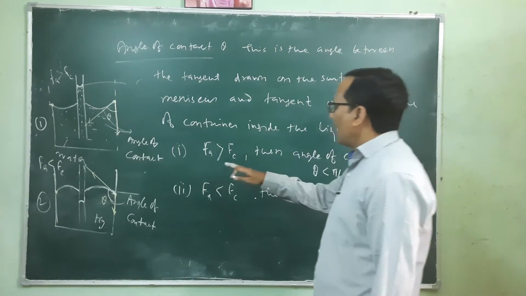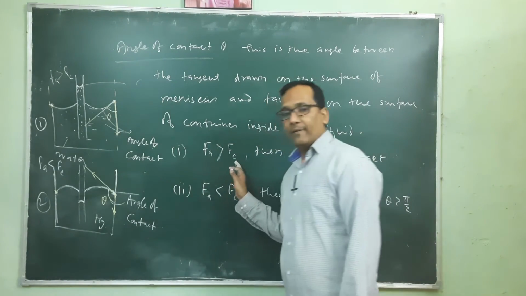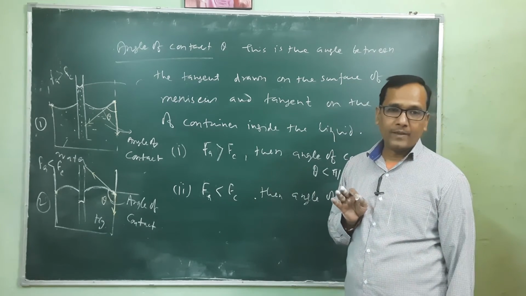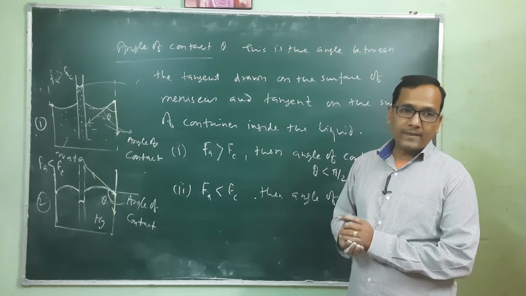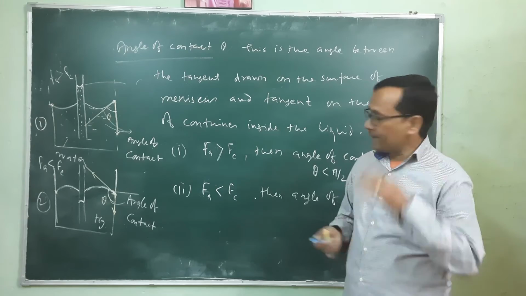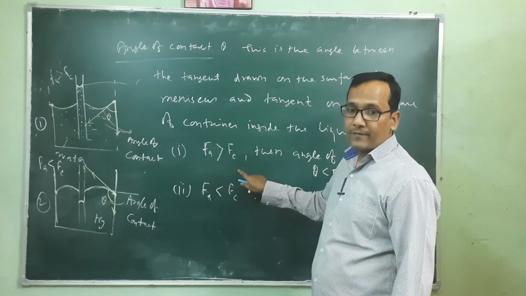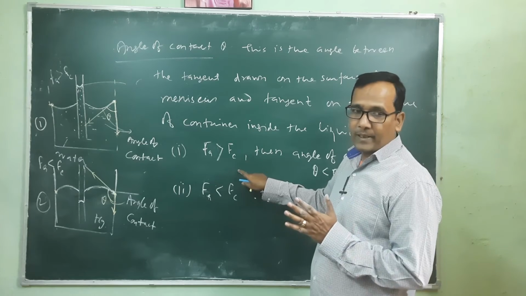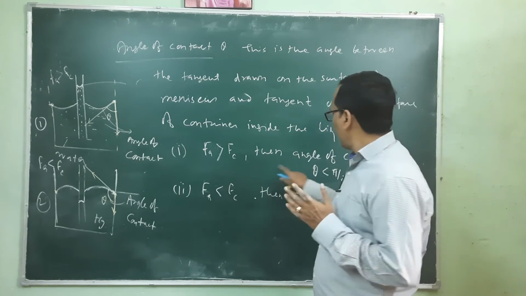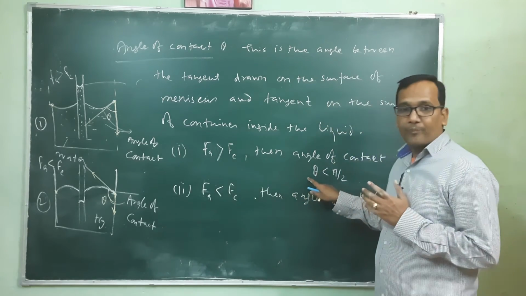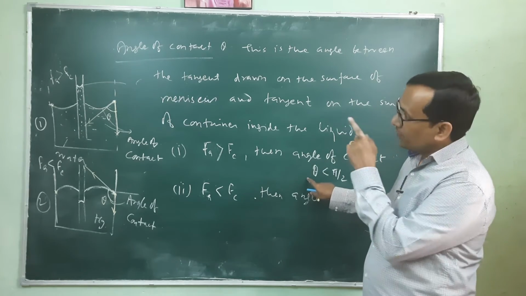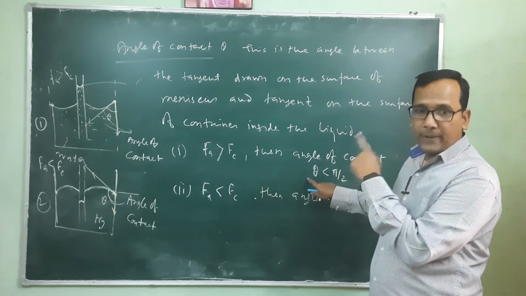Okay, so on the basis of FA and FC we can decide many things. First, when FA is greater than FC, the liquid will stick on the surface of the container. Second, the angle of contact will be less than pi by 2. Third, the shape of the meniscus will be concave.